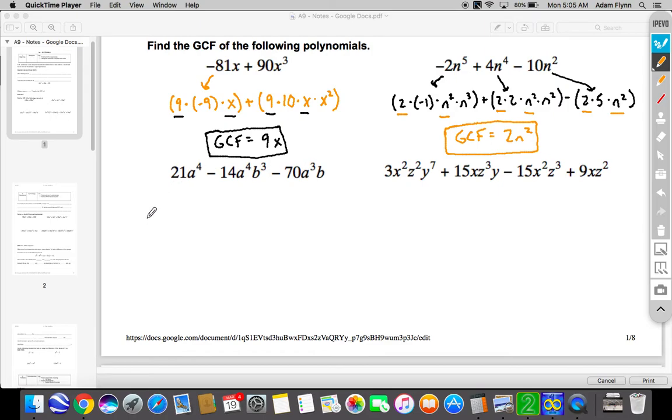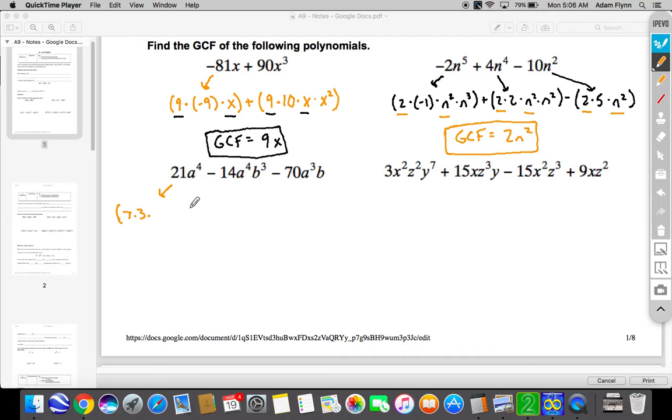Alright, next example. So I'll take a look at my numbers first, or my coefficients. 21, 14, and 70 are all divisible by 7. So I'll break them down. 7 times 3. Now if I take a look at my variables, I notice that all three terms have an a.